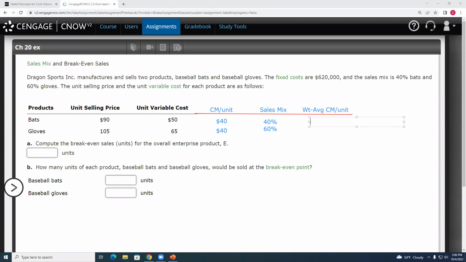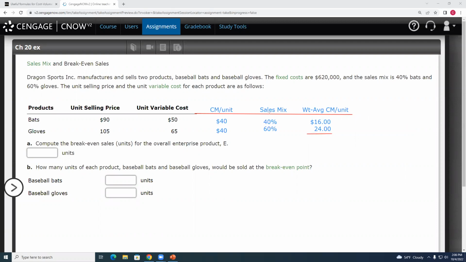So we take the $40 contribution margin for the bats and multiply by its weight, or its percent of sales mix, 40%. So that contributes $16 toward the weighted average contribution margin. And then we do the same thing for the gloves, $40 contribution margin times the 60%. And that contributes $24 toward our weighted average contribution margin.